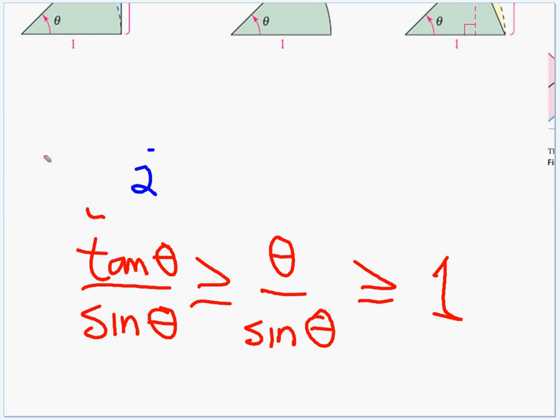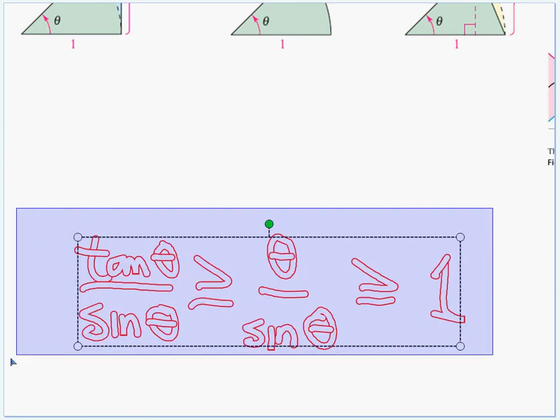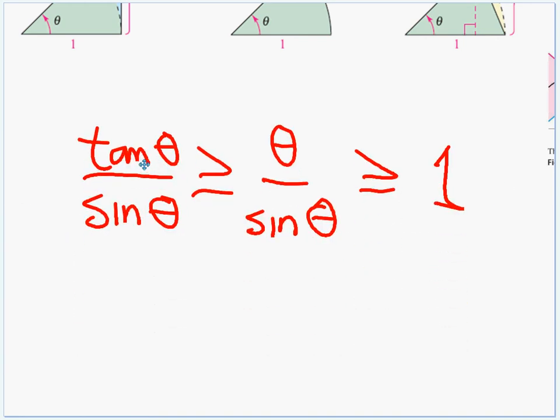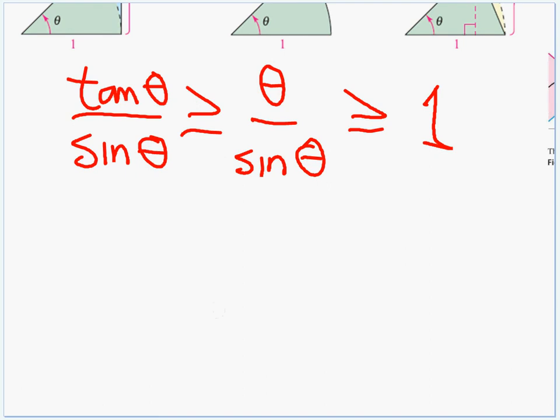Now, think back to pre-calc. Tan theta over sine theta. We spent a couple sections simplifying trig identities. So sine theta downstairs is going to stay sine theta. But how can you rewrite tangent? What's another way to write tangent? Tangent is sine over cos.